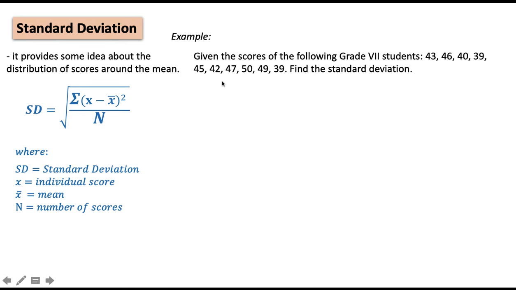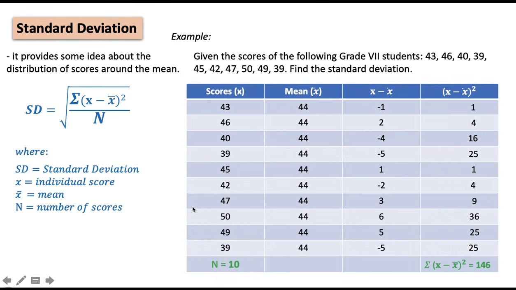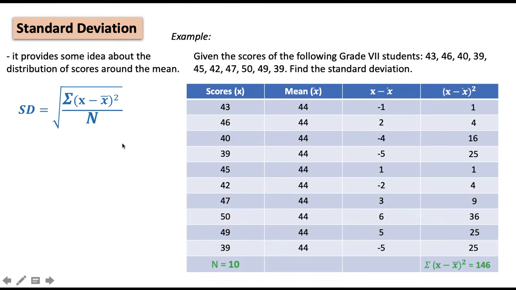So if our given is the same, we will also be preparing the same table with the same content. After preparing this table, we are now ready to use the formula in finding the standard deviation. Our numerator here is the summation of quantity x minus the mean, squared, and that is 146.